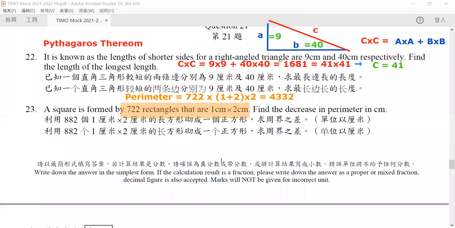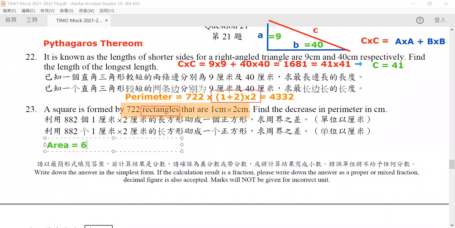Because each of these rectangles will have this perimeter, we need to multiply by 722. But what is the area? Why we want to calculate the area is because we later want to find the size of our square.